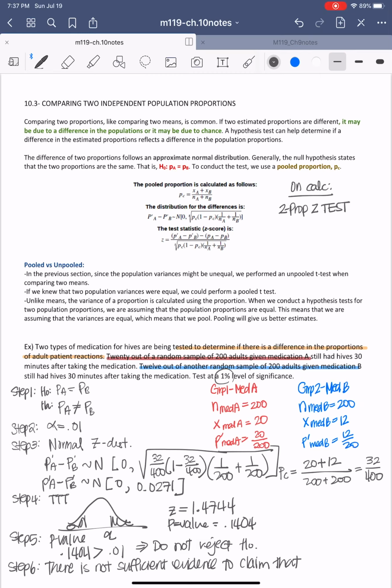So step 6, there is not sufficient evidence to support the claim that there is a difference in the proportion of adult patient reaction.